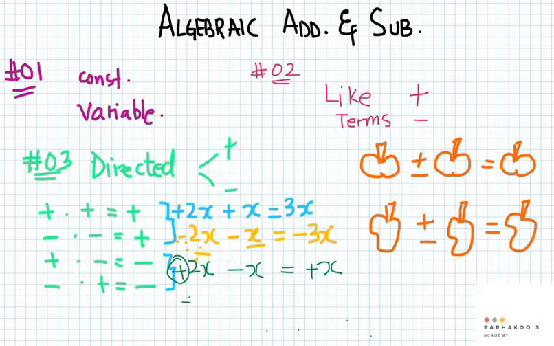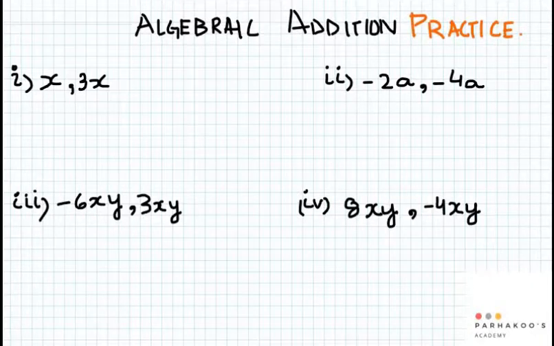Now let's take minus 2x plus x. Since here it's minus plus, we need to subtract these two. So we would be having x, but the sign of the biggest term is minus, so we will put a minus sign here. So this is practice time now.